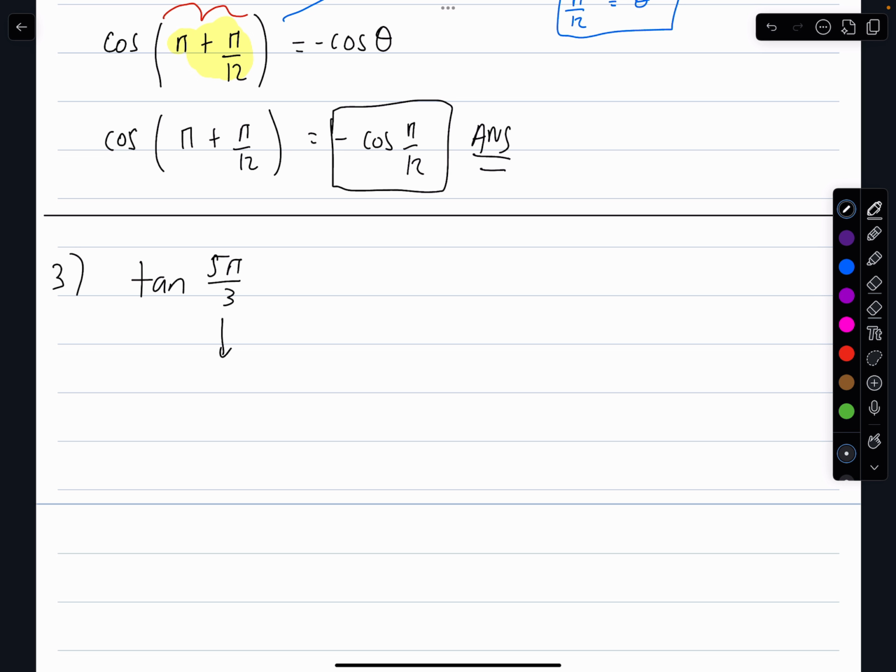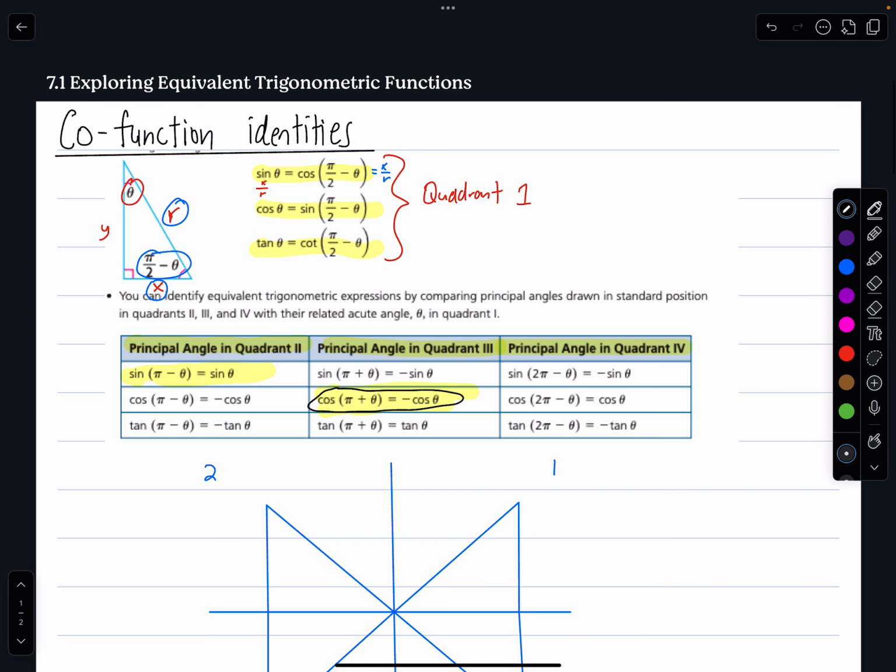So 5 pi over 3 we know is 5 times 180 over 3, which gives us 300 degrees. So 300 degrees, guys, we know 300 degrees is going to be in our fourth quadrant. So this is quadrant 4. So now we have to find the tan ratio for quadrant 4.